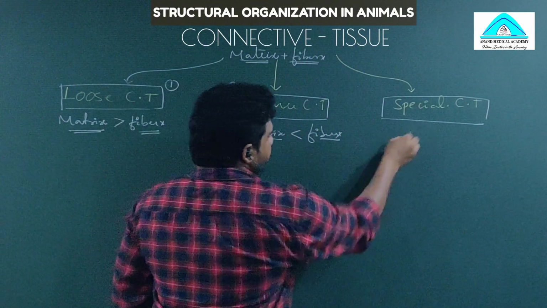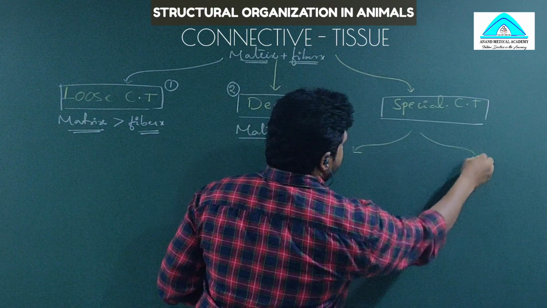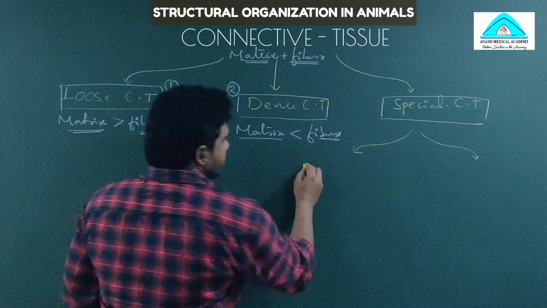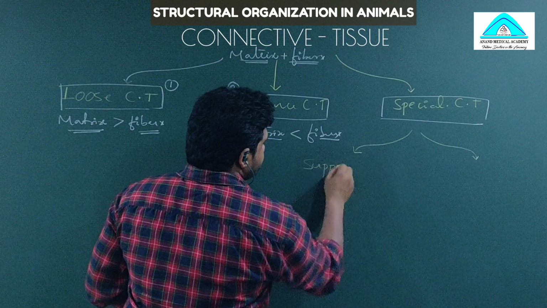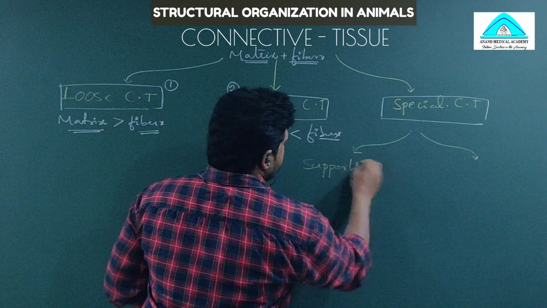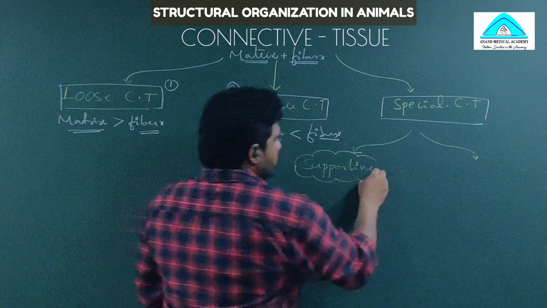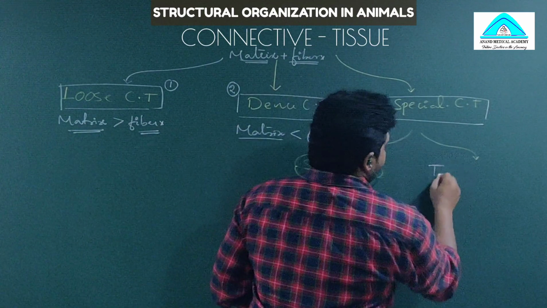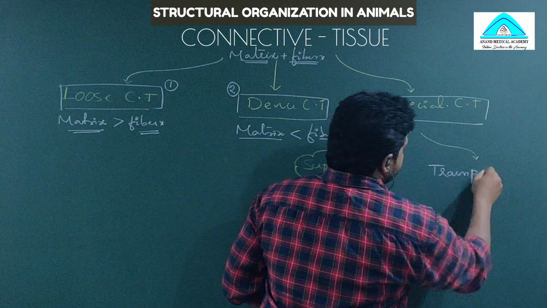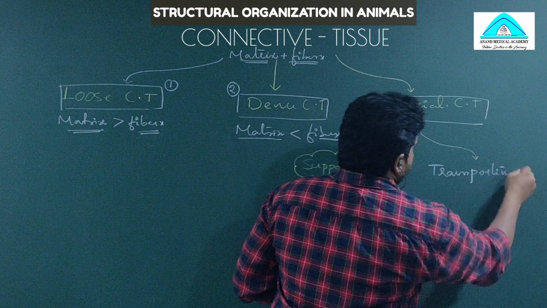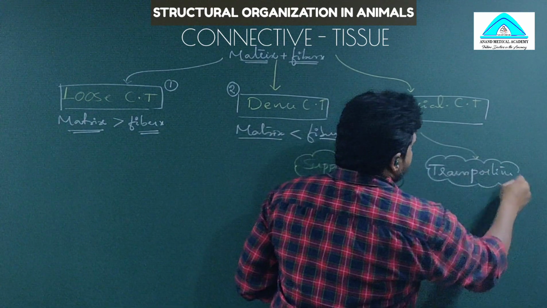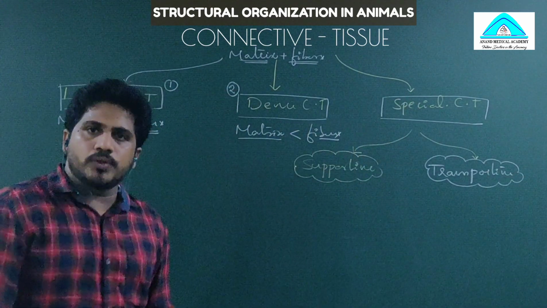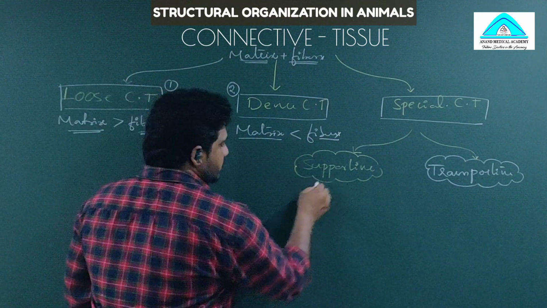In specialized connective tissue, again we separate two types: one is supportive and another one is transportive. According to function, we are separating specialized connective tissue into two. The first one is supportive.